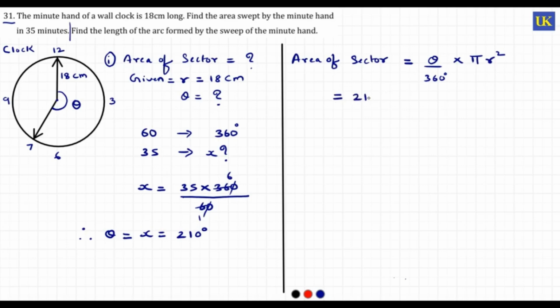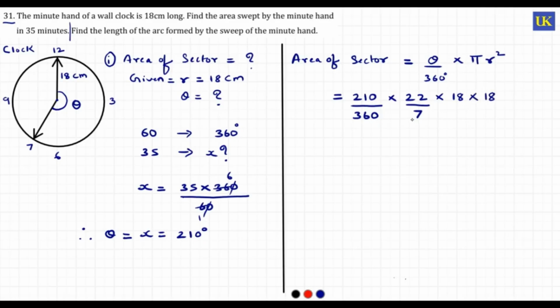Theta we just found out, 210 divided by 360 degree into pi. The value of pi is not given, so we can take 22 by 7. Then radius is 18, but for r square we will write 18 two times.